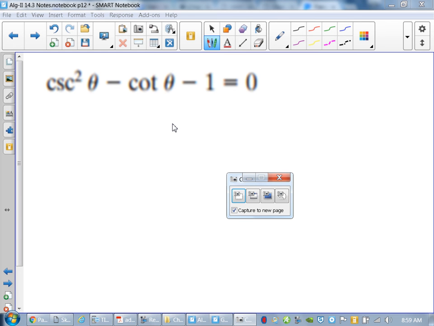So let's think here. I believe there was a Pythagorean identity that dealt with cosecants and cotangents. And if I'm not mistaken, it was 1 plus cotangent squared is cosecant squared. So, which one do you think I'm going to rewrite?